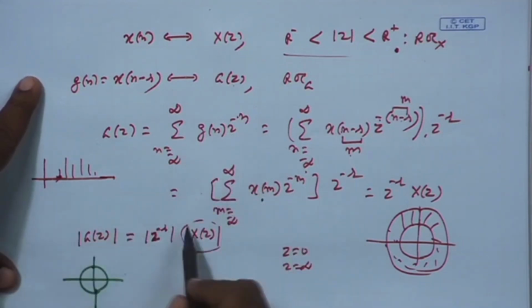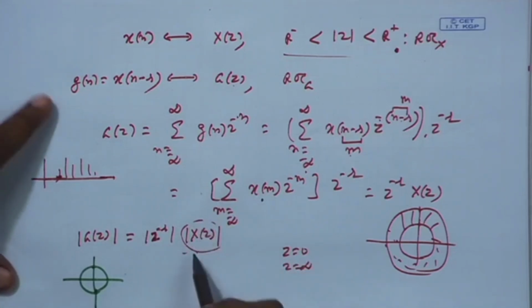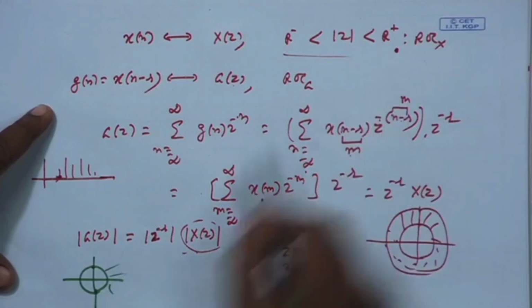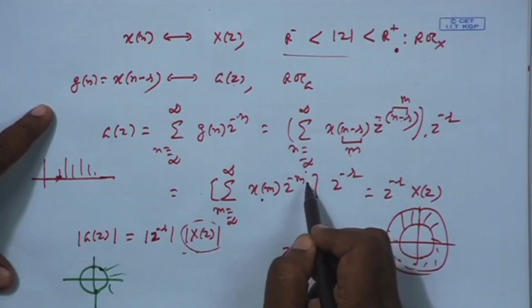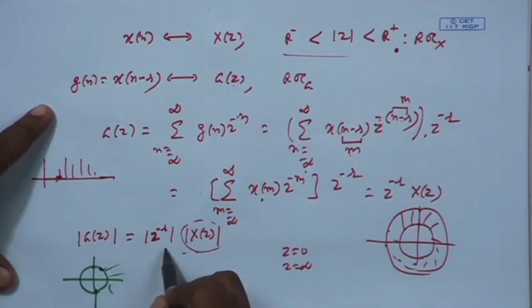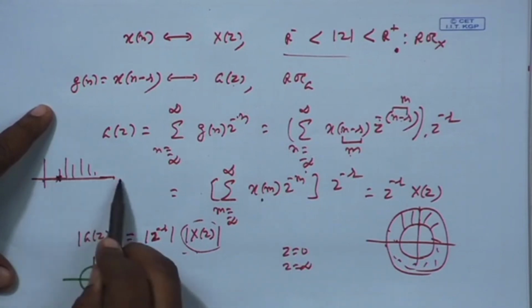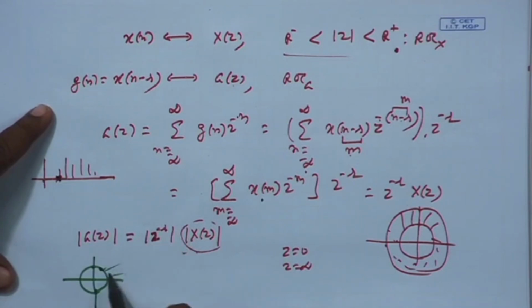So in that case also, the ROC of G(z) will be the area where the mod of X(z) is finite, that means the ROC of X, which starts from some circle and goes up to infinity, and this also is finite. So if this sequence starts at some point to the right of origin and goes to the right, z equal to infinity is not a problem. And z equal to 0 will not occur, because I am going outside the circle.